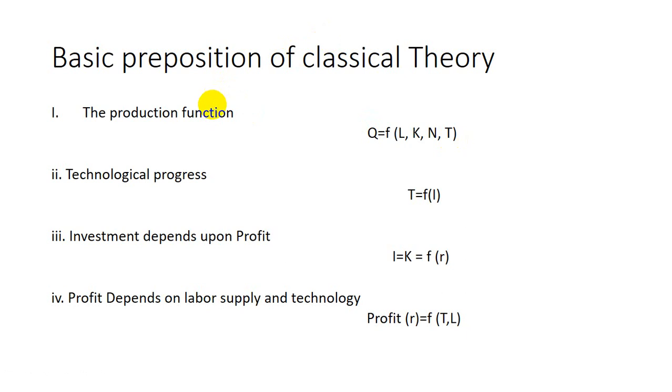The second proposition is technological progress. According to this proposition, technological progress depends on investment. As you have seen, technology is a function of investment. The relationship is T equals a function of investment.